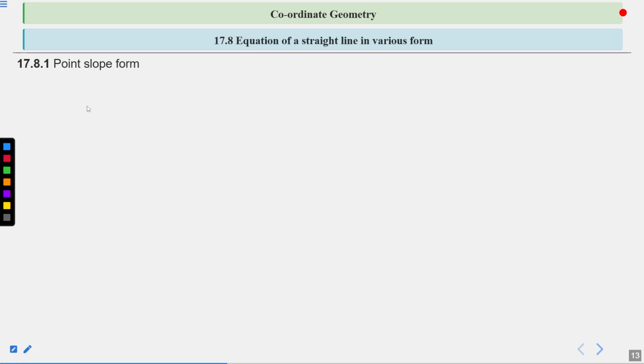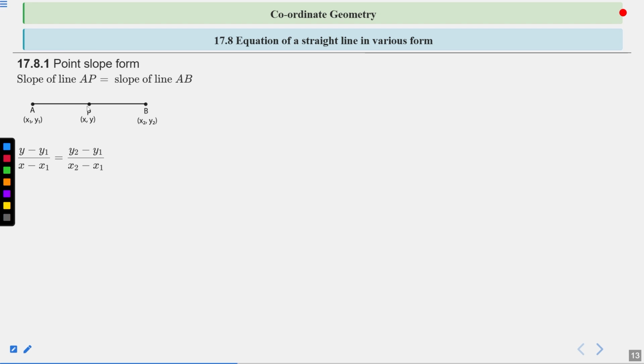Next, equation of a straight line in various forms. Point slope form, first one. The slope of line AP equals the slope of line AB. We can see in this diagram the line AB, where the coordinate of A is x1 y1, the coordinate of B is x2 y2, and the coordinate of P is x and y.